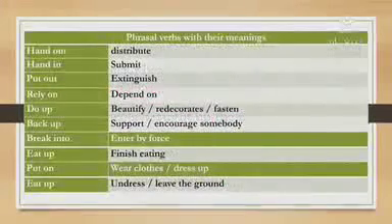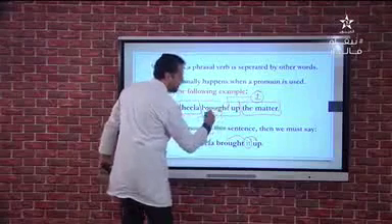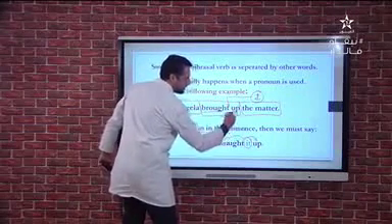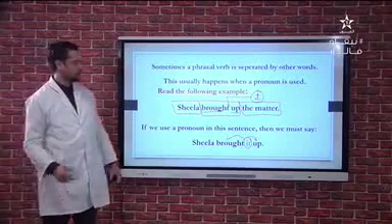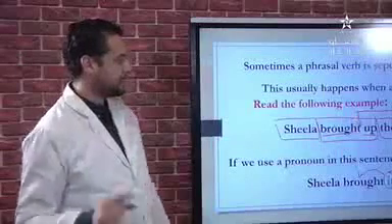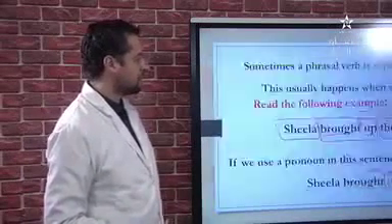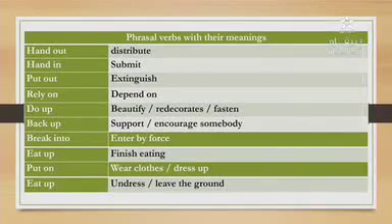But this sentence here is not correct, which means we have to take this pronoun and put it between the verb and the preposition or the adverb. So this is what you have to bear in mind, and be careful with this kind of thing.